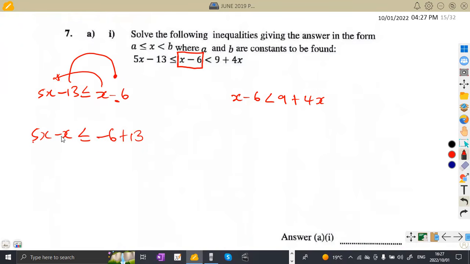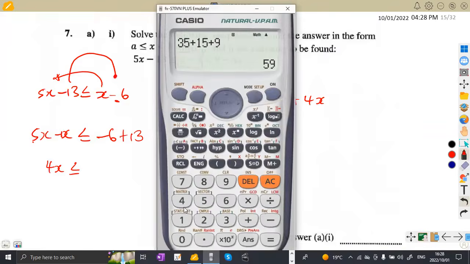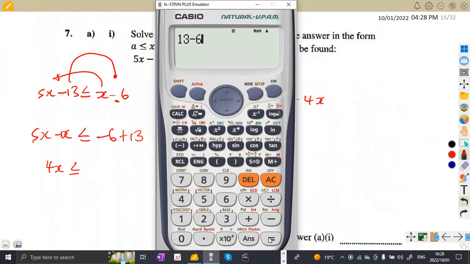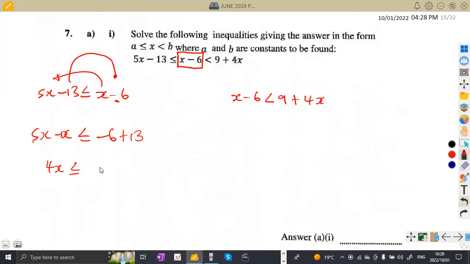So 5 minus 1x, that's 4x, is less than or equal to minus 6 plus 13, which is going to give us 7. So 4x is less than or equal to 7. Divide by 4, divide by 4. That means our x is going to be less than or equal to 7 over 4.